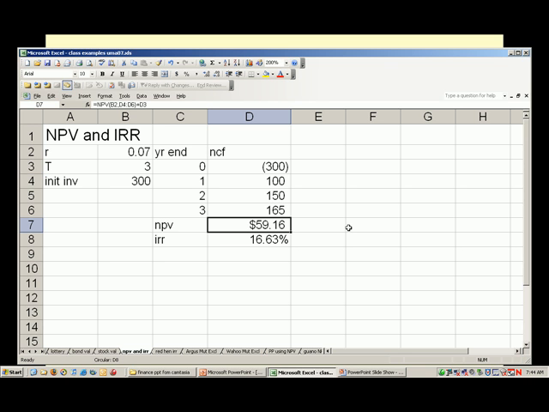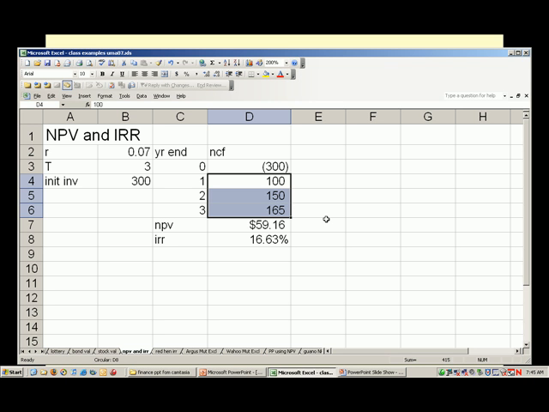Let's talk a little bit about what this net present value of $59 means. We know that the present value of a stream of cash flows, this stream of cash flows that starts in year 1 and goes out to year 3, is $359. That's the positive return associated with this new business opportunity.